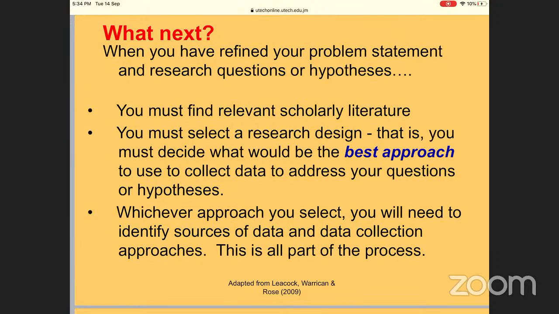Remember that list we had before? Your project must be feasible and manageable. So it's normally suggested, especially at the undergraduate level, that you find a research method, which would include the design and the participants, and the selection.